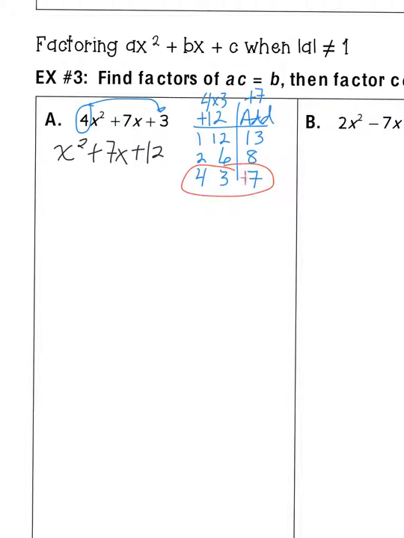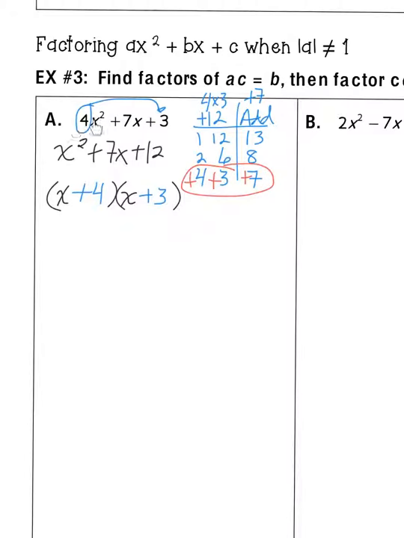My 7 is positive, so the bigger gets the sign, and the 3 had better be positive to make a 7. So then I've got my binomials. The x squared becomes x and x, and then you're going to put your plus 4 and your plus 3 in. But we're not done, because remember, x times x is not 4x squared.